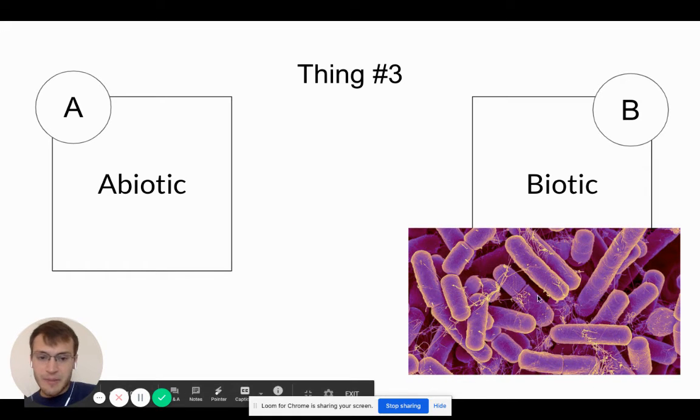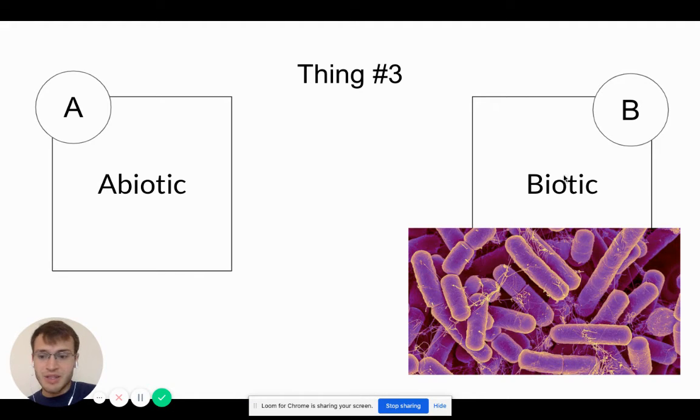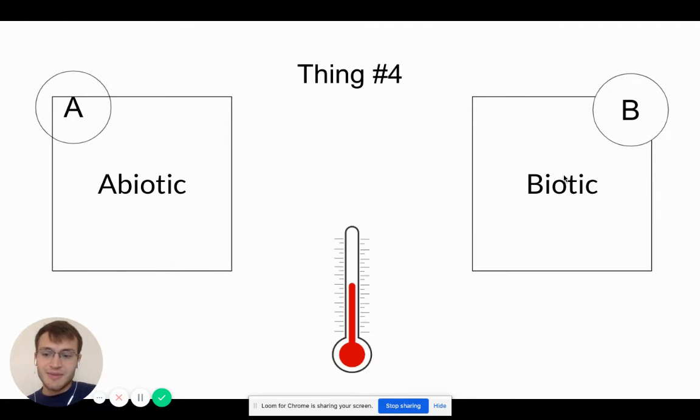This is bacteria. And bacteria, like I said, even though they're really small, they are living. They do reproduce. They are made up of cells. They're living. And a very important part of our ecosystems. Right? Bacteria is biotic.